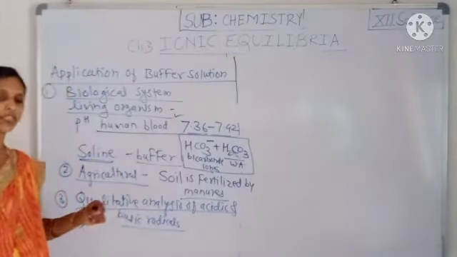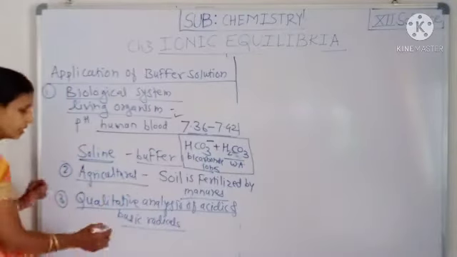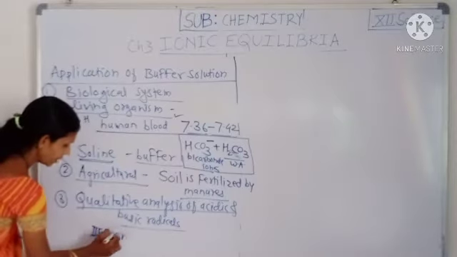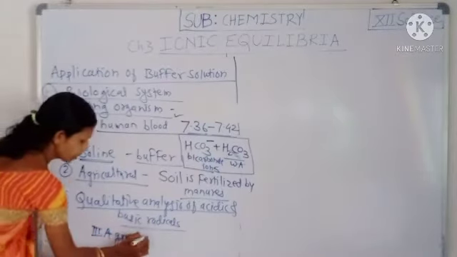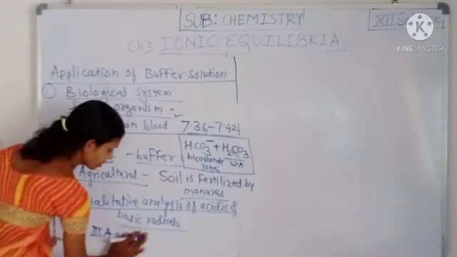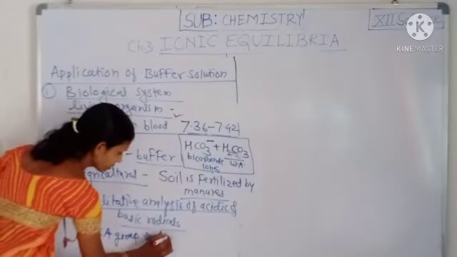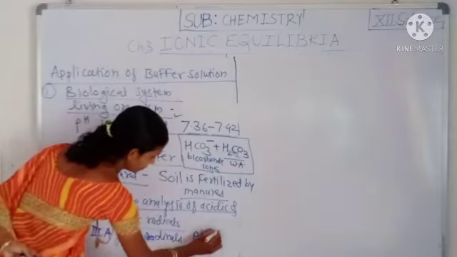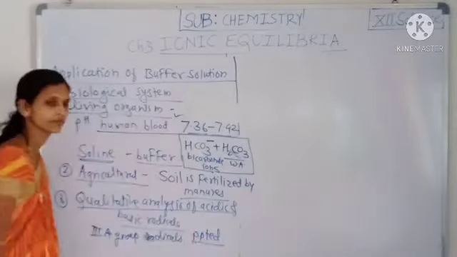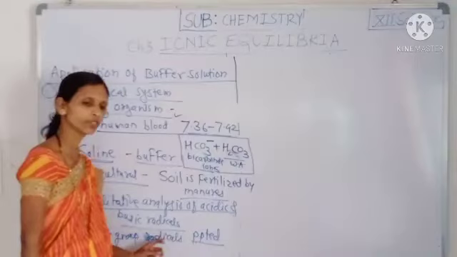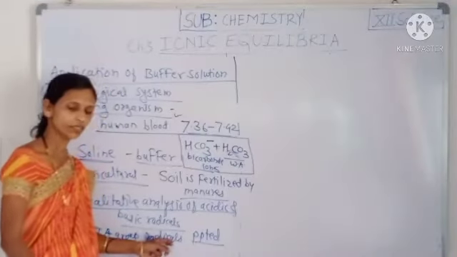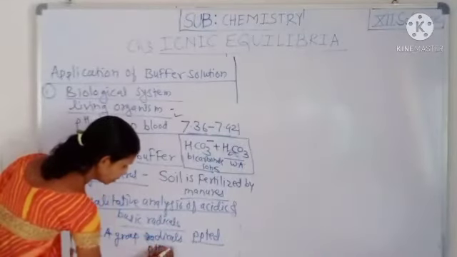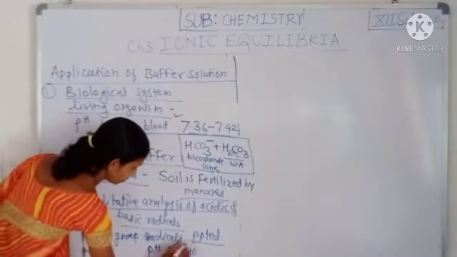In qualitative analysis of acidic and basic radicals, third A group elements or radicals get precipitated, that is, PPT formation of third A group elements takes place at pH between 8 to 10.